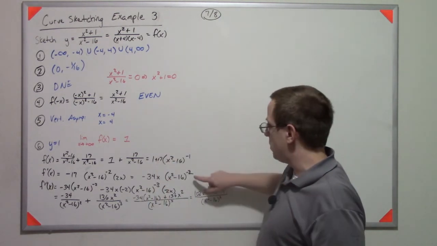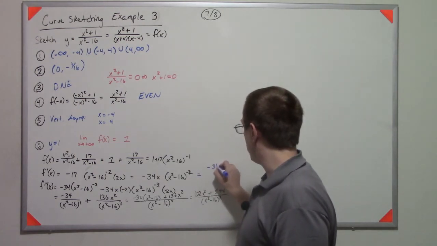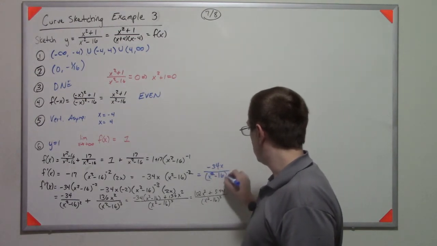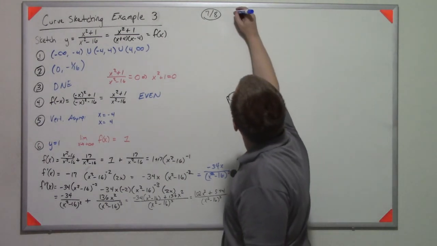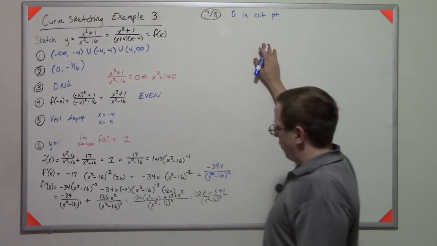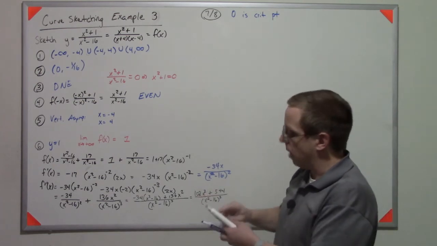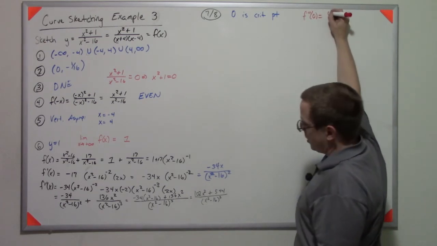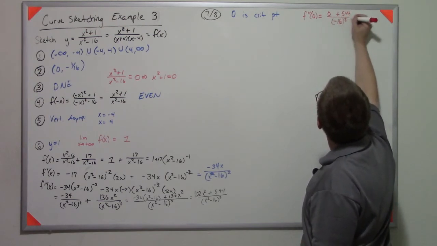So if you look at this function here, which I'm going to rewrite now as negative 34x over (x squared minus 16) squared, it's very clear that 0 is a critical point. And if I plug in f double prime of 0, it is 0 plus 544 over negative 16 cubed.